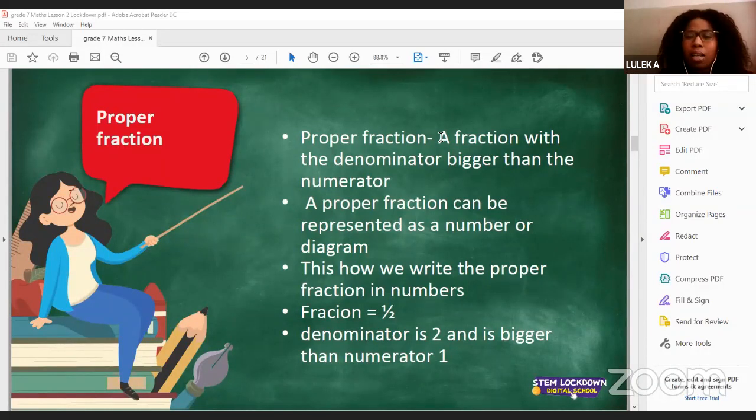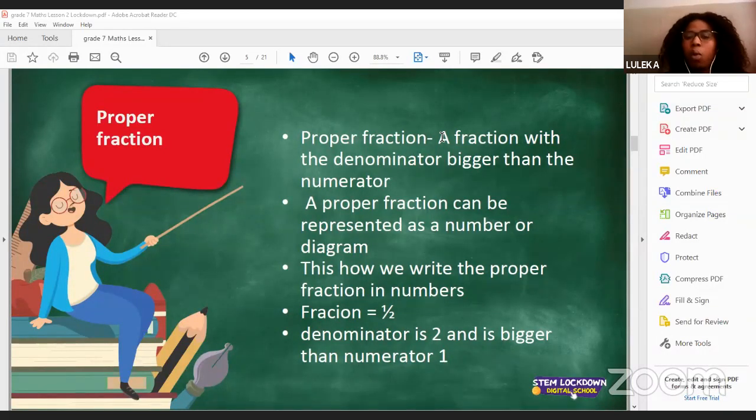Another thing you should know about fractions: the denominator and the numerator will always be whole numbers. When we talk about whole numbers, we talk about counting numbers: 0, 1, 2, 3, 4, 10, 20, 30, 40. So your numerator will always be a whole number, and your denominator will always be a whole number.